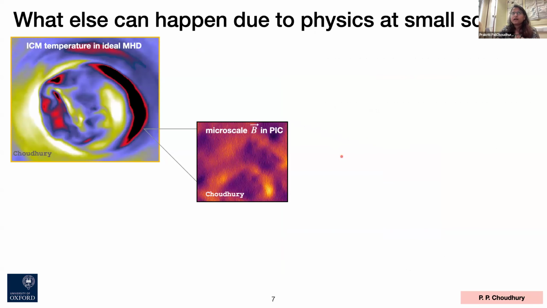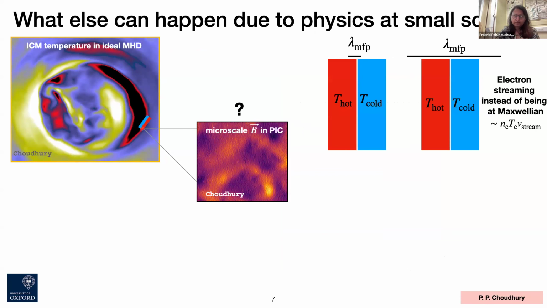But now if we look more into it, magnetic field can do more stuff. So let us first start with a purely ideal MHD scenario. Let's say this is the temperature of a Perseus-like cluster, and we are sustaining a large-scale temperature contrast. We want to know what is going on at the interface.